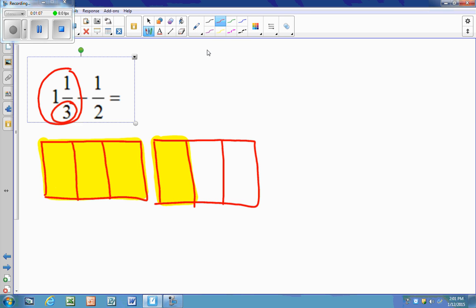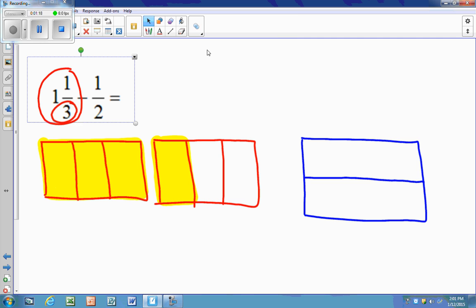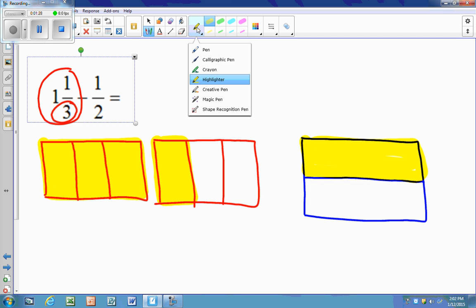So now I have to subtract 1/2, so I need to draw a rectangle that represents 1/2. And in the second rectangle, instead of drawing my lines vertically, I draw them horizontally. And now I need to shade in 1/2. So now I've shaded in both of them.